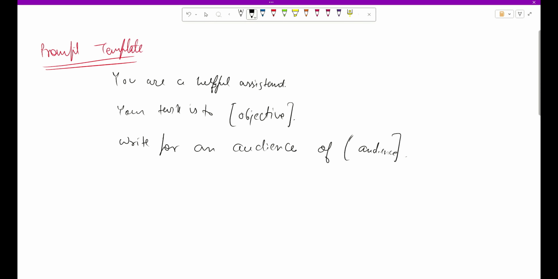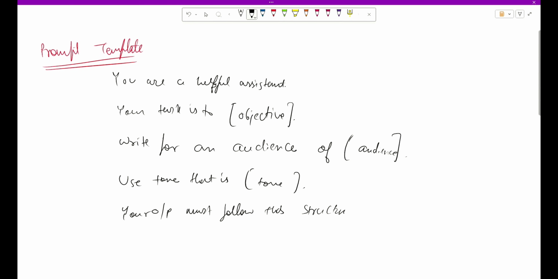Use a tone that is, I will be providing some tone here. Your output must follow this structure, where I give it, let's say, two or three points. And I'll be adding at the end a length, around some length I gave it.